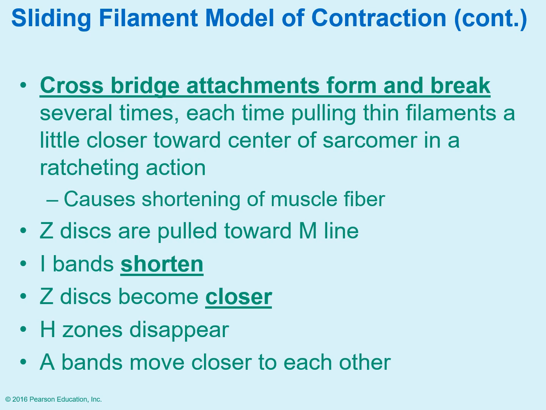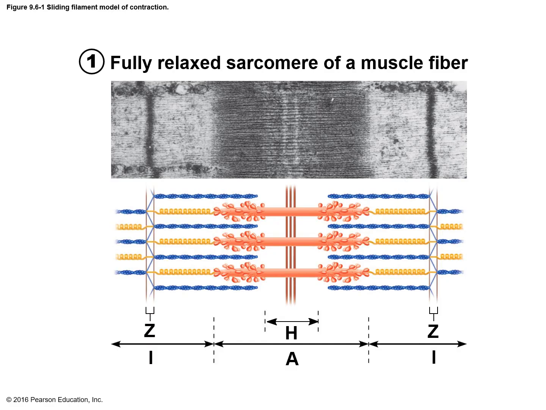It's going to release, and then it's going to bind to the next active site. Cock, push it, release, recock. We're going to see that. So it's what we call the sliding filament. You have the two fibers sliding basically past each other. So the I bands are going to shorten, the Z discs get closer as that contraction takes place.